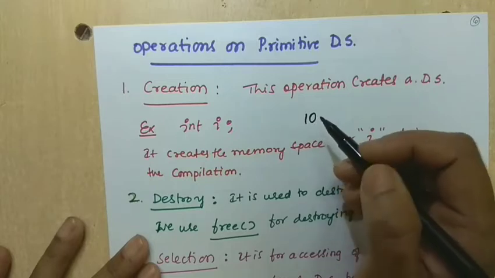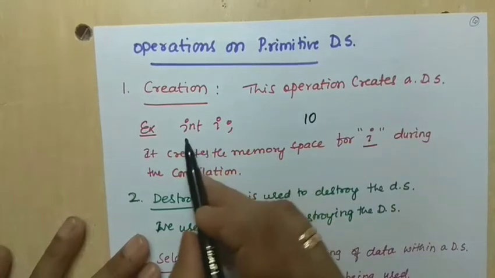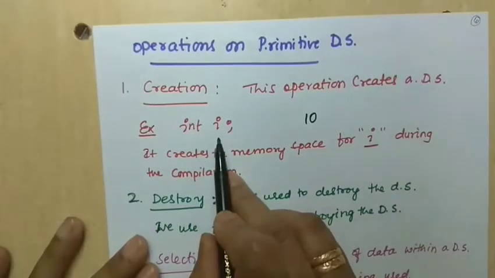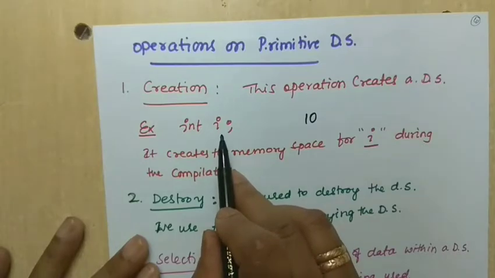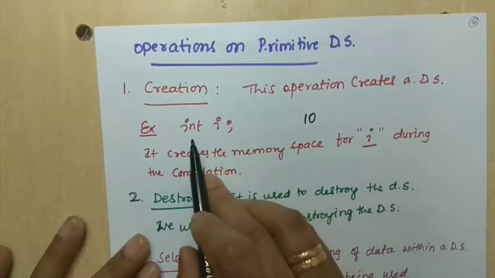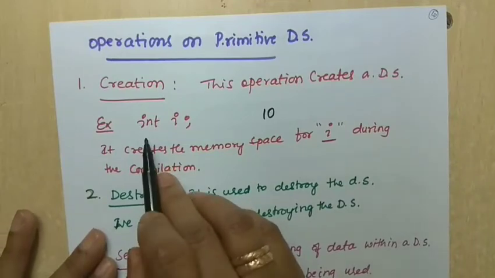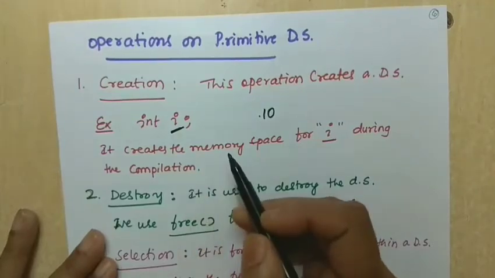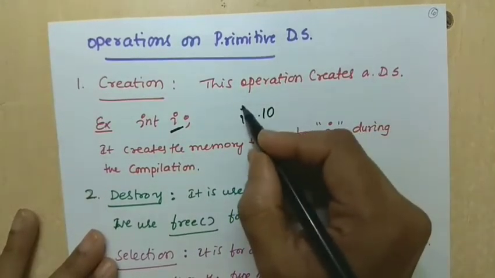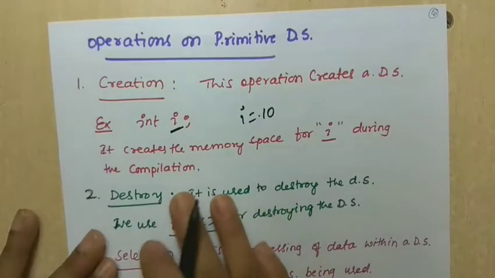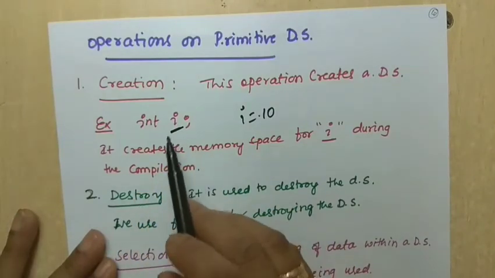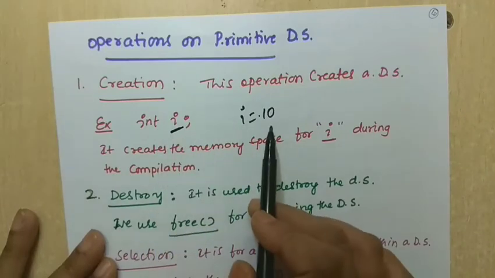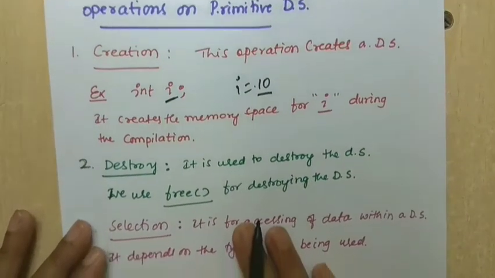It's nothing but how do I create it. For example, take integer I. So I is created as a variable that belongs to integer. Now the value 10 can be stored in the variable I, that is, I is equal to 10. It means that in memory space, the variable I is stored with reference to integer along with the value 10 during compilation time.